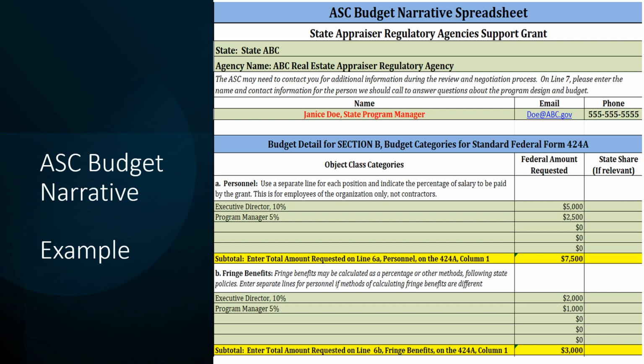That takes about 5% of their time, and that's $2,500. As you go down to the fringe benefits, you see the associated executive director's 10% fringe, as well as the program manager's fringe. For the state share column, that's zero because the state is not matching any of their funds. So it's only federal amount. So that's why we have only populated the federal amount requested side.